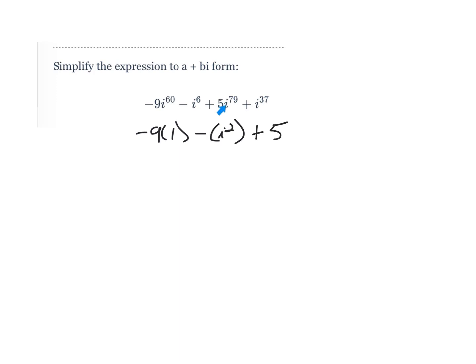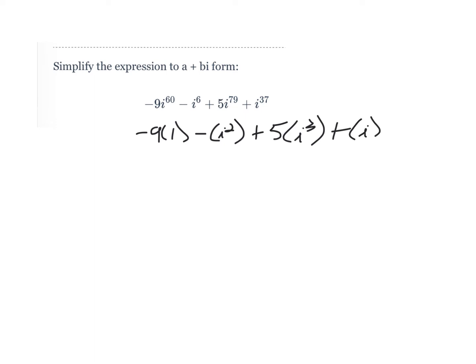Okay, but then I to the 79th, when we divide that by 4, you're going to be left with I to the 3rd. And then finally, on this last one here, we have I to the 37th. When you divide that by 4, of course, 9 times 4 is 36. So you're going to be left with just I to the 1 power, or I.